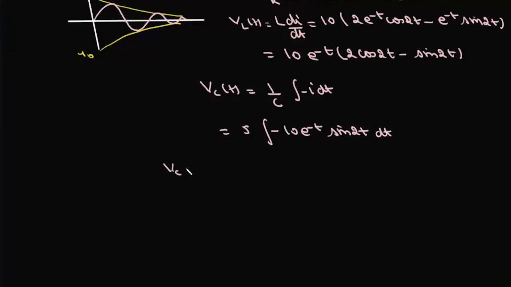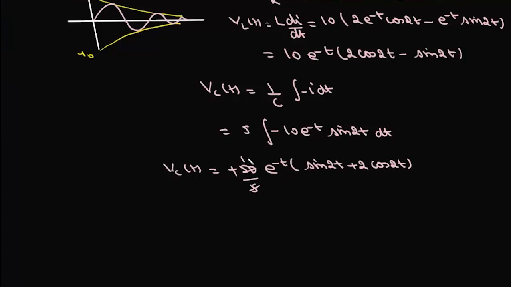Now we can write this as minus 50, and then this integral, which is a pretty standard integral, so it will be plus 50 e to the power minus t, sin 2t plus 2 cos 2t whole divided by 5.